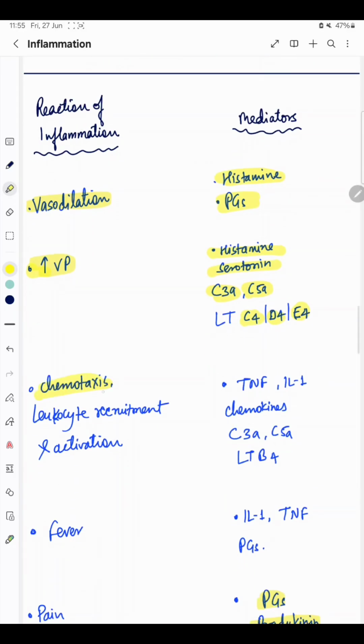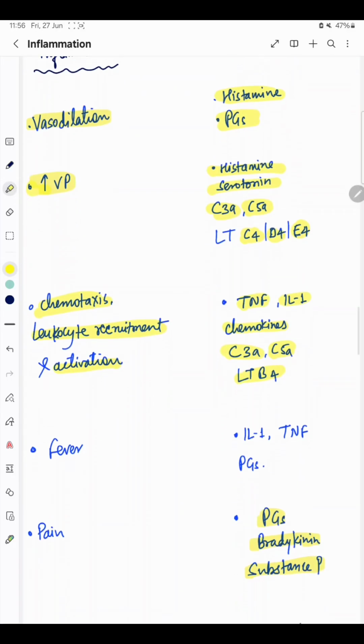Chemotaxis, leukocyte recruitment and activation: cytokines like TNF, interleukin 1, chemokines, C3a, C5a, leukotriene B4. Fever: cytokines like interleukin 1, TNF alpha and prostaglandin play an important role in development of fever.